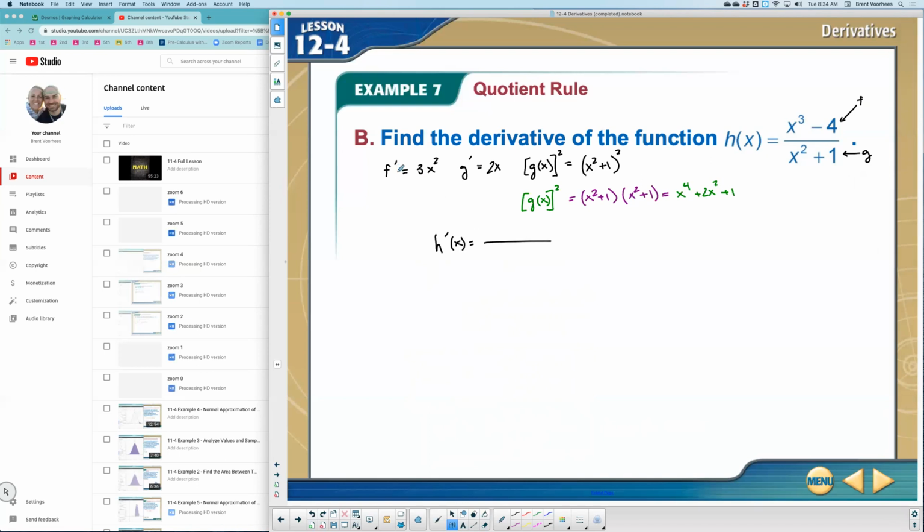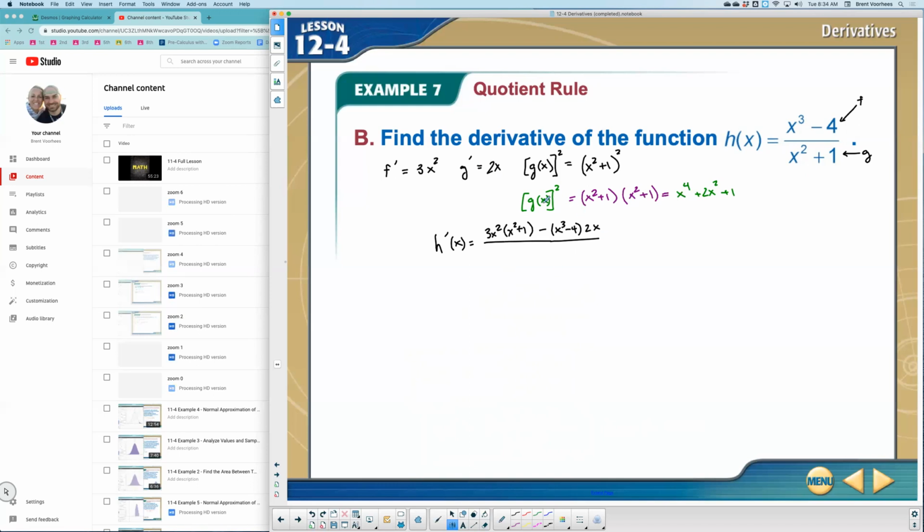will equal f prime, 3x squared, times the denominator, x squared plus 1, minus f, x to the 3rd minus 4, times g prime, which is 2x. I guess I don't need to put that in parentheses since it's just a single term.